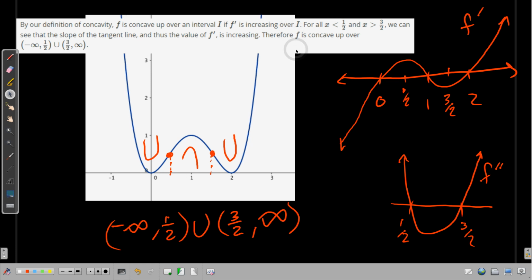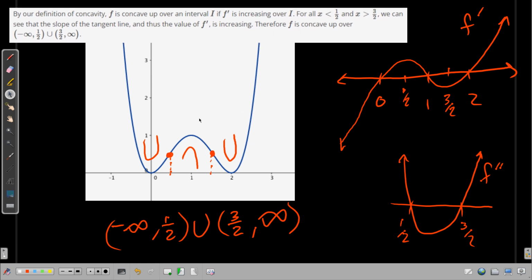Okay, well, I've drawn some pictures here. We have our original curve, F, and then I've got a sketch going of F prime. So here's F prime, and you can see that F prime is increasing everywhere to the left of 1/2.